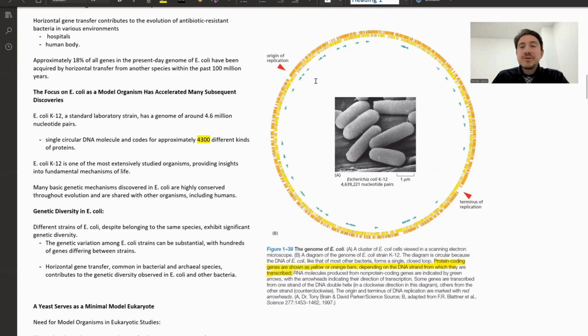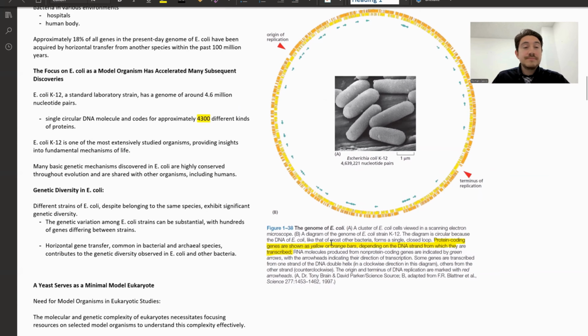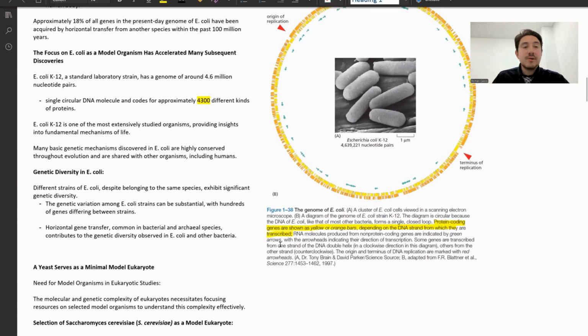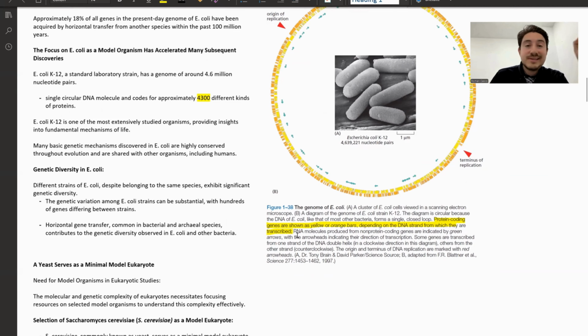Okay. Here's a representation of the genome. This is a way we would represent a genome of bacteria in particular. Okay, the focus on E. coli as a model organism has accelerated many subsequent discoveries.